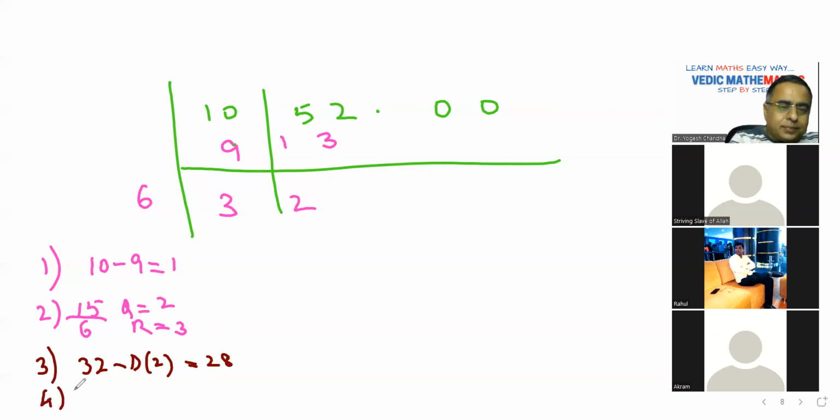Fourth step: 28 divided by 6. Quotient is 4, remainder is 4. Now again, how will you remember the dot?